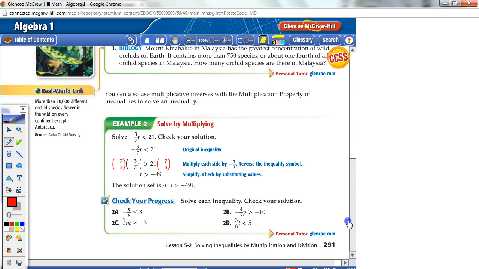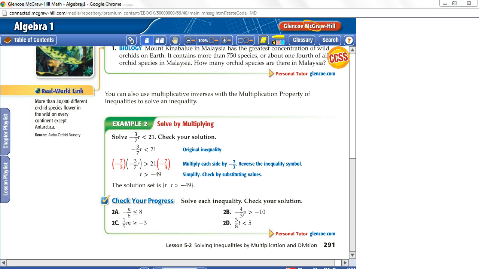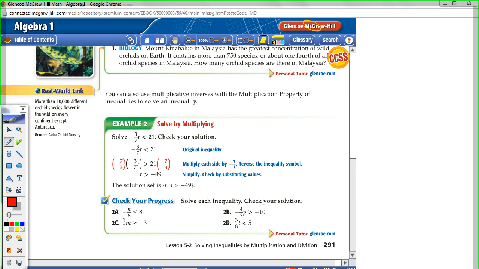All right, let's try some examples here. So you have here negative 3 over 7 r is less than 21. Okay, so what we're going to do here, you're going to multiply by the inverse, opposite inverse.